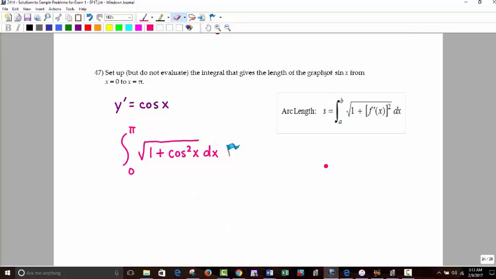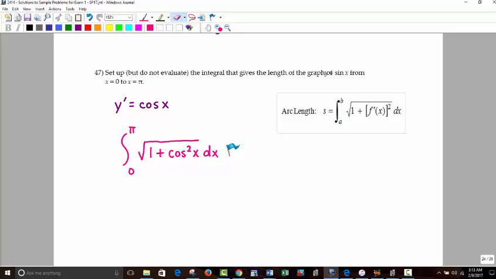Now, I could ask a setup problem on the test, but if I ask you to integrate something, it needs to be doable. Numerical integration you could, but it needs to be something that can be done manually, even if you're not doing it manually, to make it fair for everybody.